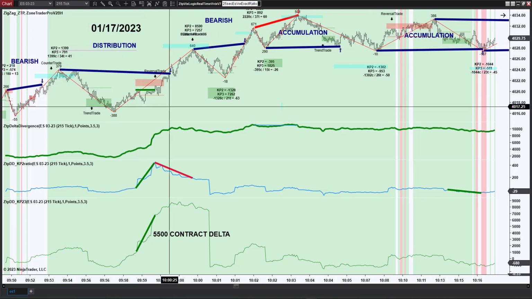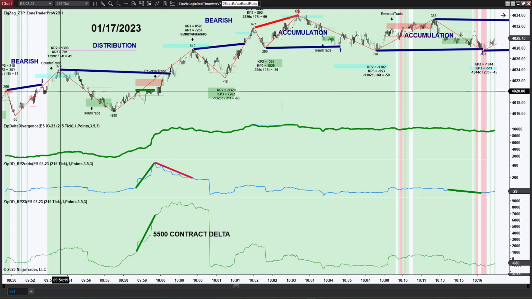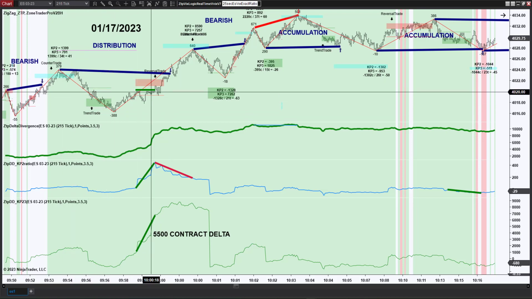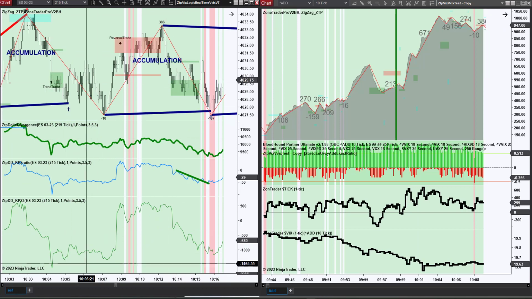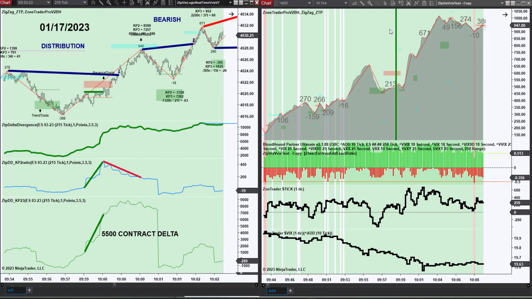And as you can see, the VIX Bloodhound template was green going into the iceberg order. So I also marked the add chart because the add chart has the VIX displayed here, and we can see going into that trade that the VIX was quite clearly falling very rapidly.